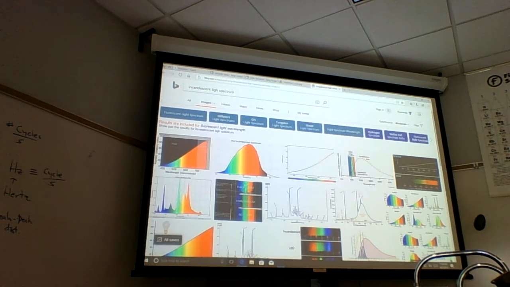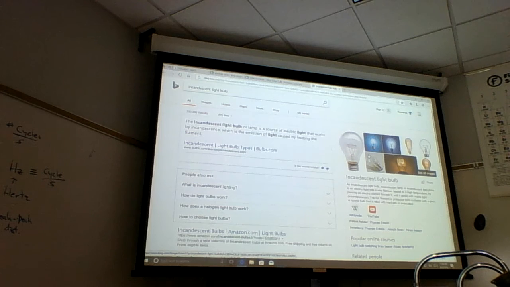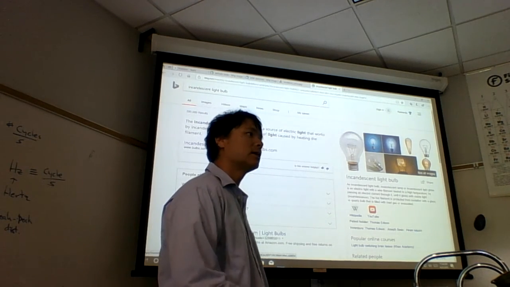Actually, let me go back here. So you can see it here. Do you see it's glowing white hot metal? When it's glowing white hot, it's easy to oxidize. You know, metals are easy to oxidize. Do you know how they prevent the metal from becoming oxidized?